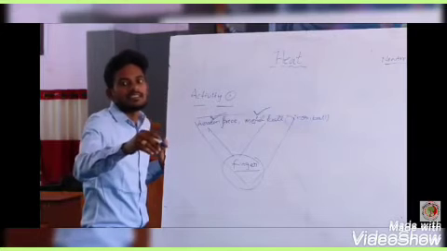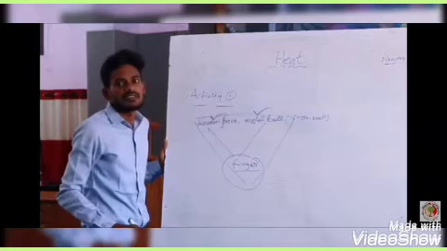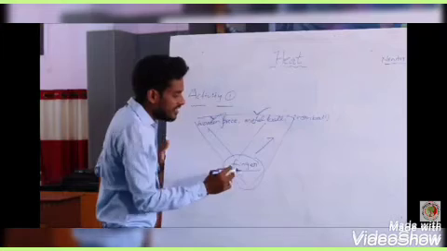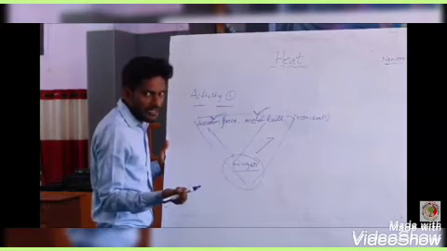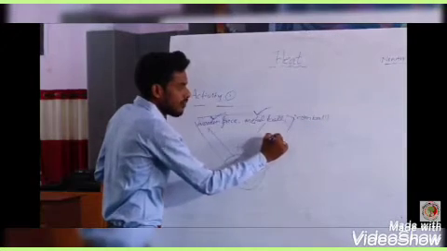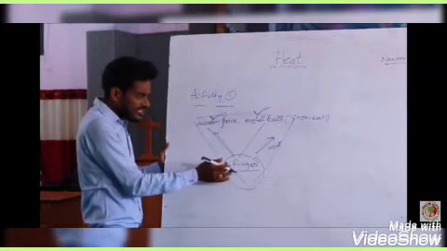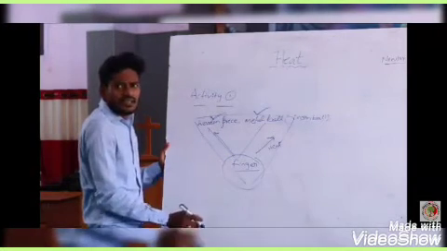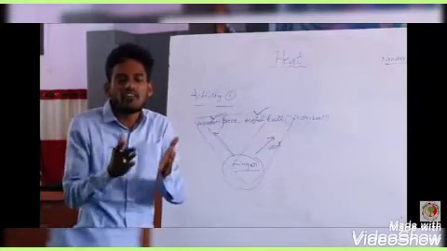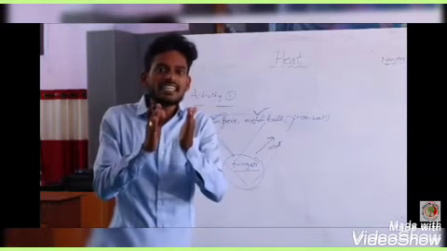This is the point Newton carried out, that heat always transfers from hotter body to colder body. Where is the hotter body? Finger. That means your body. Heat flows to the metal ball and to the wooden piece. That's why you get the feel of coldness. Here, heat transfers.